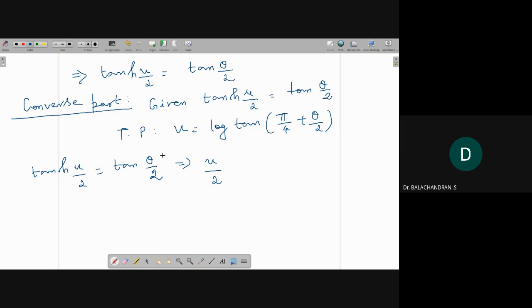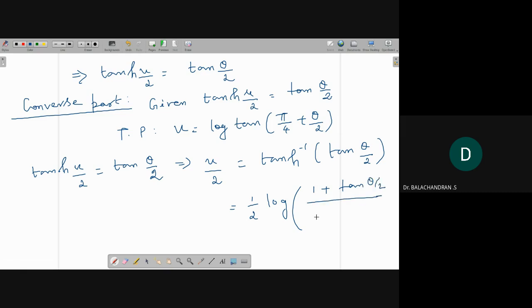So U by 2 equal to tan h inverse of tan theta by 2. Now apply the formula for tan h inverse of x. Tan h inverse of x is 1 by 2 log of 1 plus x divided by 1 minus x, where x is tan theta by 2.